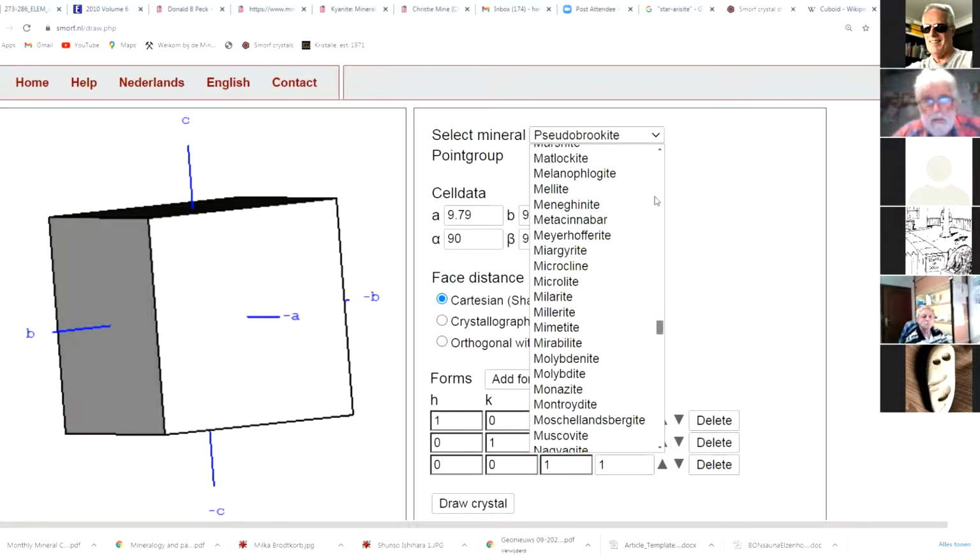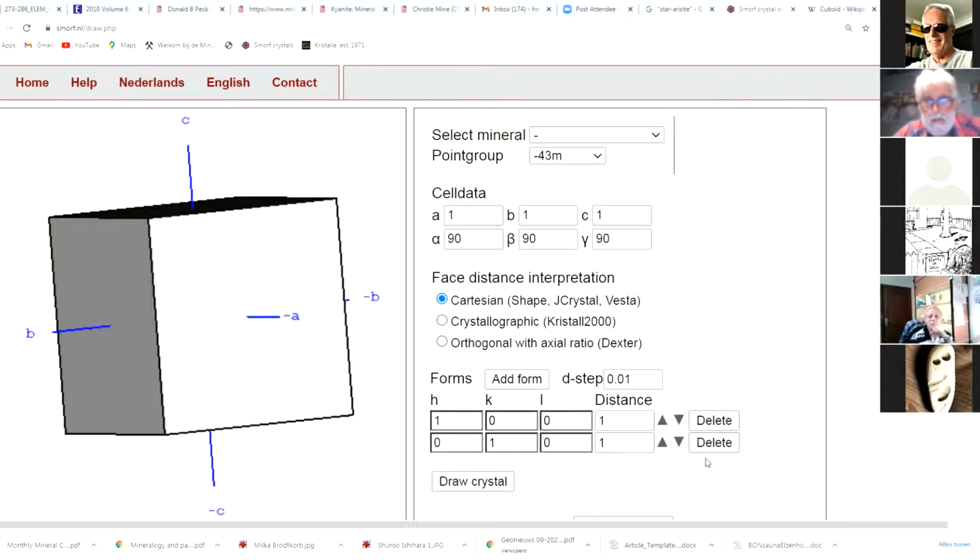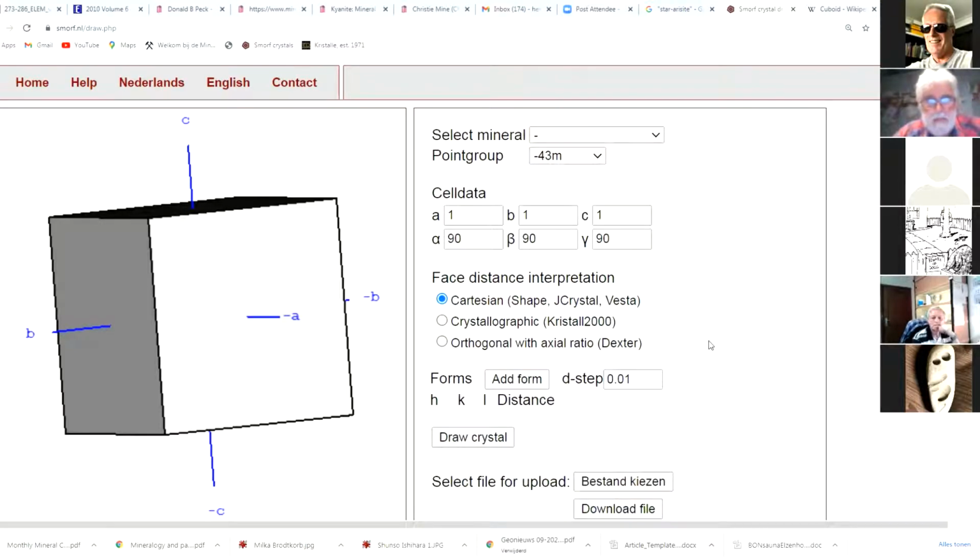First of all, you click on this and delete everything here. You don't fill in anything here because you can always check to see if the mineral is in the list, but if it's not in the list, you just leave it like this.